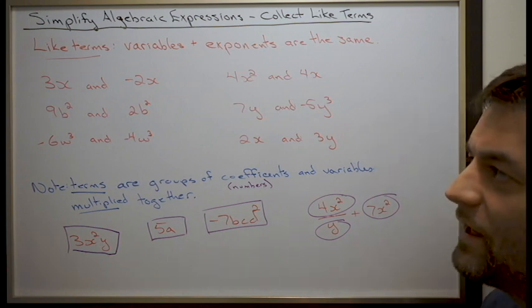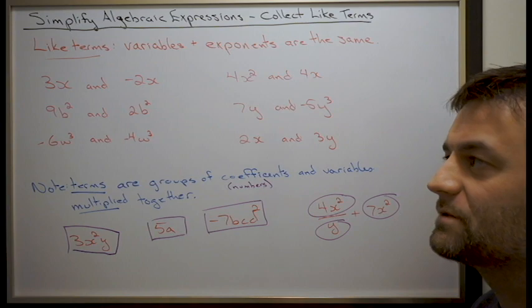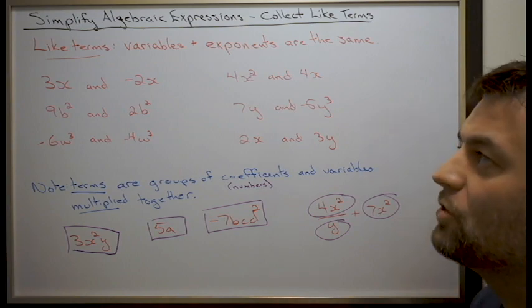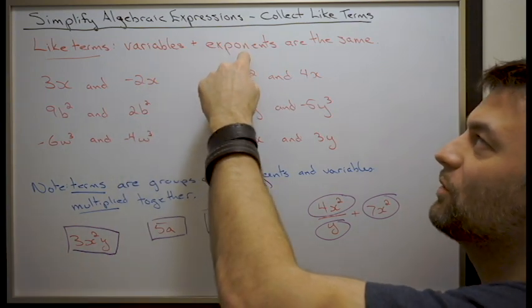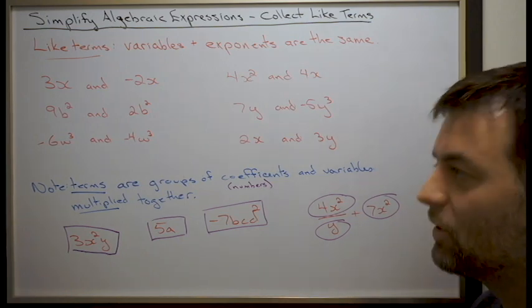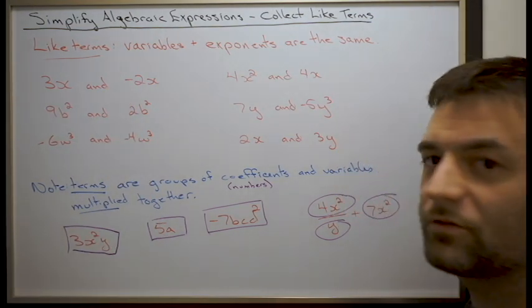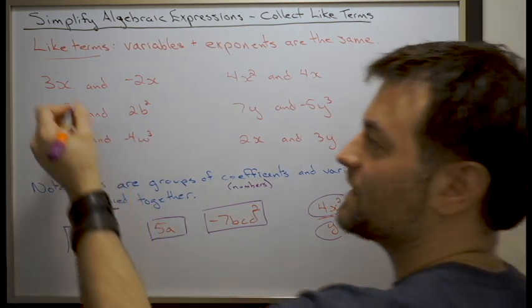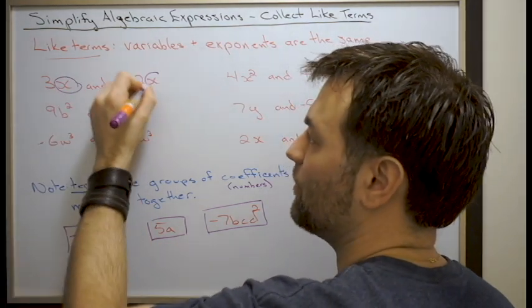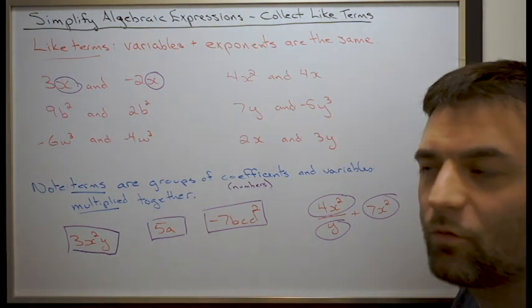When we're looking at like terms, those are terms whose variables and exponents are the same. So in our example here, we have 3x and negative 2x. Those have the same variable and exponent. They both have just an x, or an x to the power of 1.